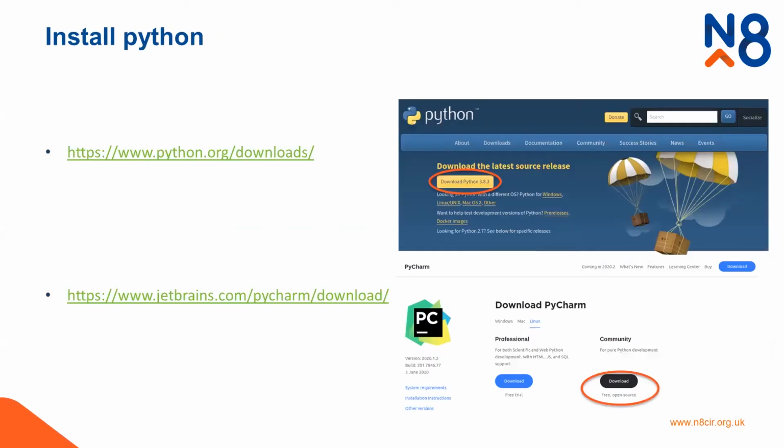So we need to know how to install Python. Basically, there are two ways. One is that you go to the official website, find this page, and download the latest version. Or alternatively, you could use an IDE, which is an Integrated Development Environment. It's a kind of software application which provides comprehensive facilities, and the most commonly used is called PyCharm.